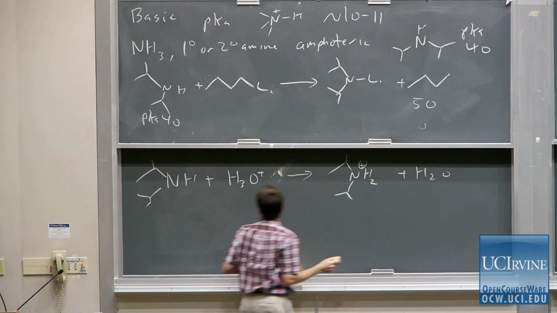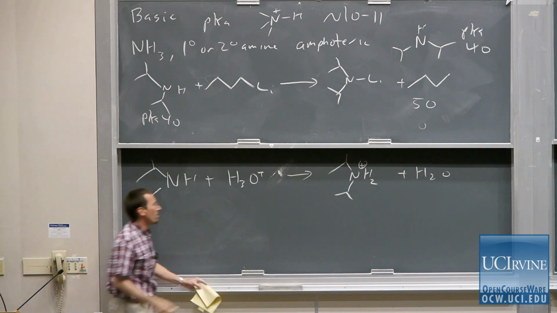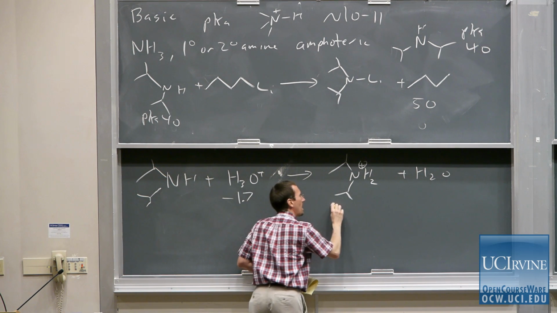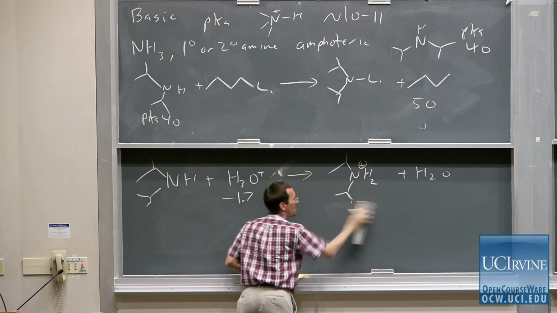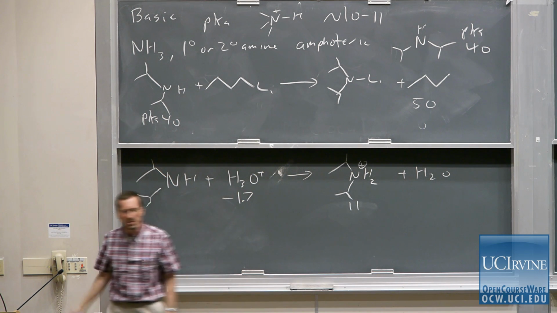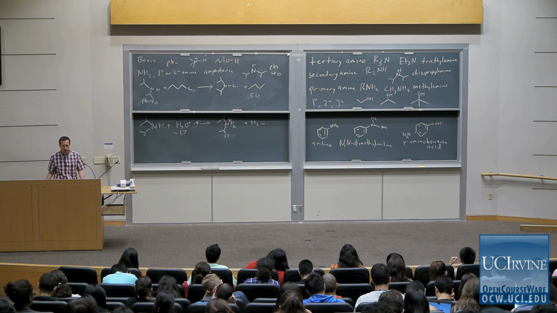Again, you have this equilibrium that lies so far to the right that I'm not even bothering to write it as an equilibrium. The pKa happens to be 11 in this case, but again, 10 or 11 doesn't matter. And so that equilibrium lies way, way, way to the right.